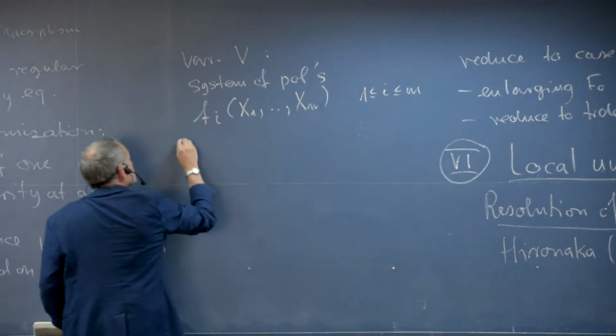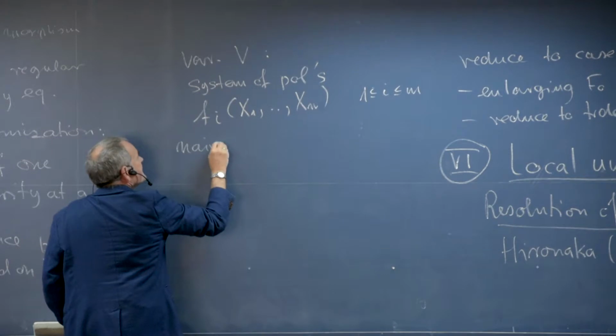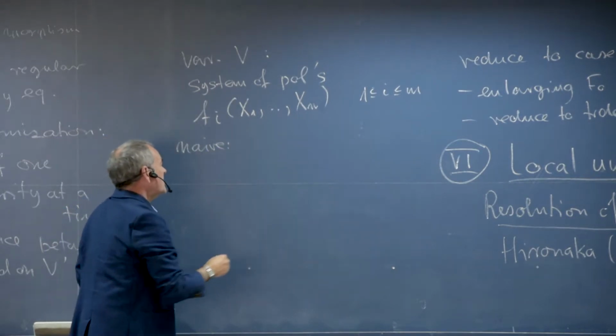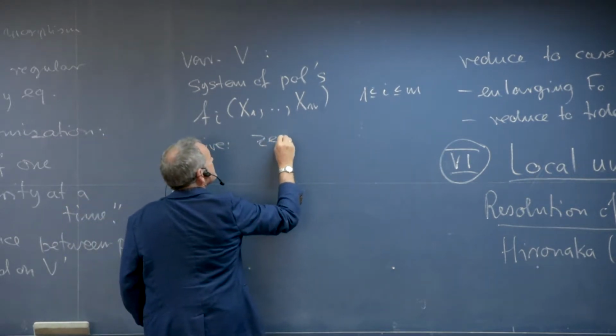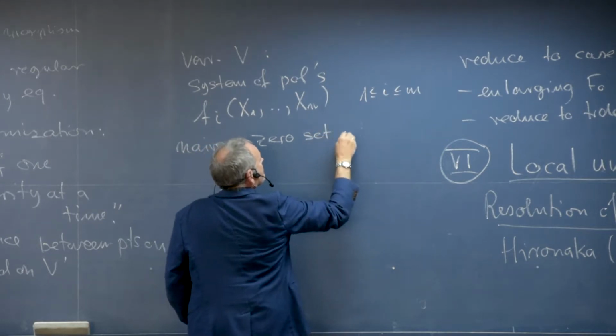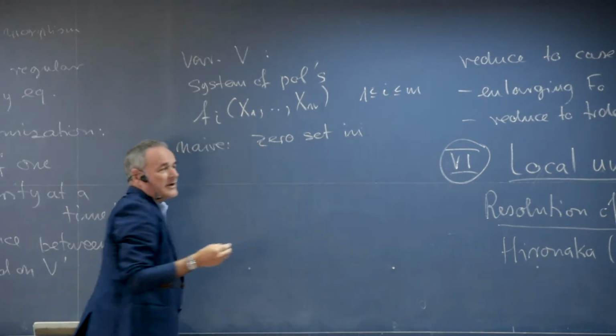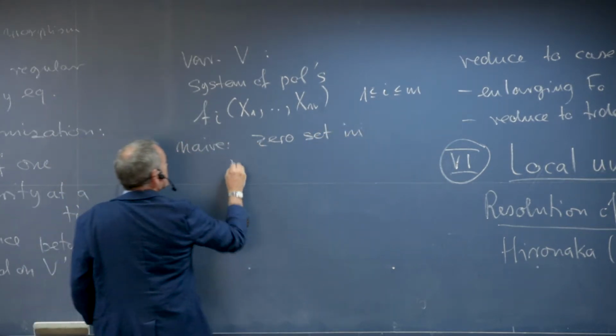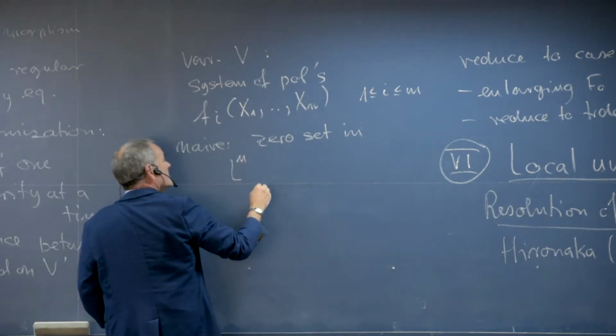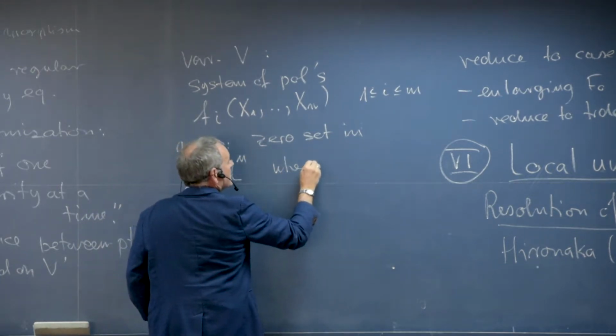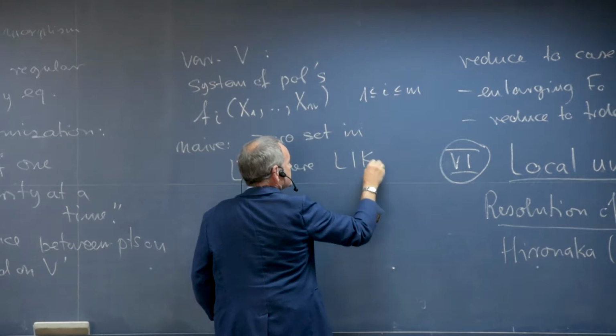So naively, a variety is the zero set of this system in, okay, and not quite so naive, let's take L to the n, where L over K is some extension.